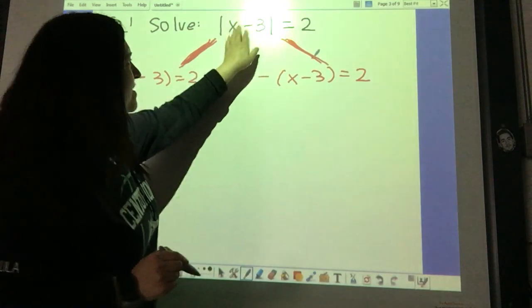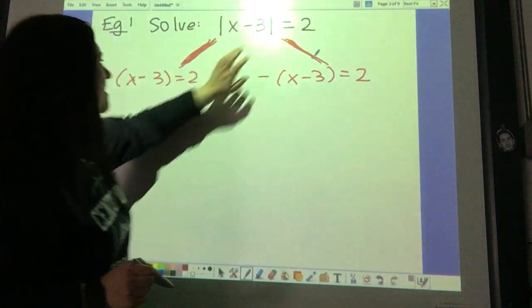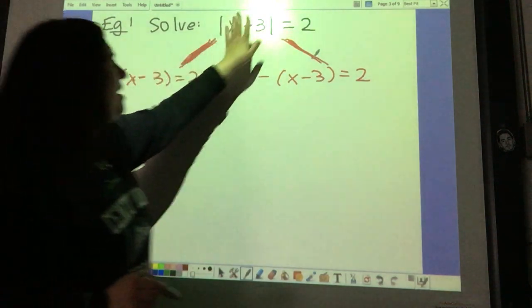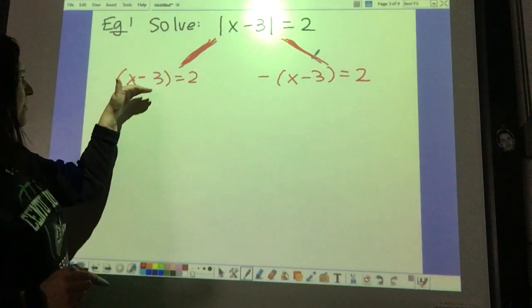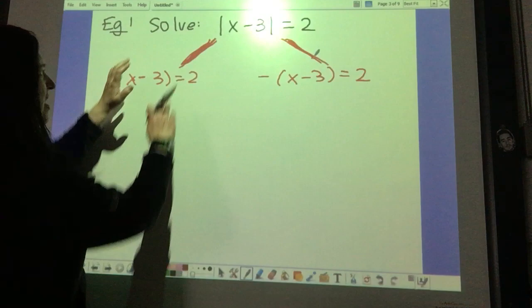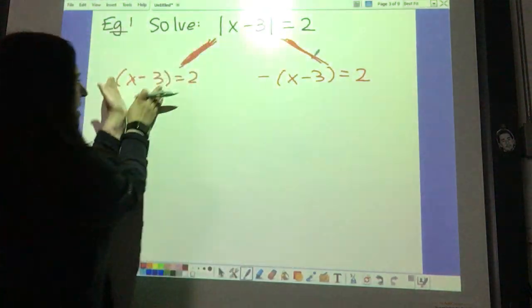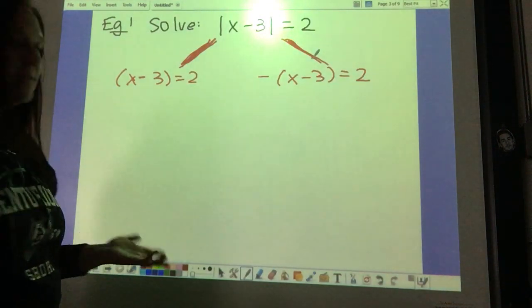For this one, it's not just x, it's x minus 3. You have to test whatever's inside the bracket. So x minus 3 could have been positive, but the x minus 3 could have also been negative. A common mistake is sometimes I see students put x minus 3, x plus 3. They change this sign. It's not that you change one sign, it's everything in the bracket. This could have been positive, but that could have been negative. And then the rest, that's the hardest part.